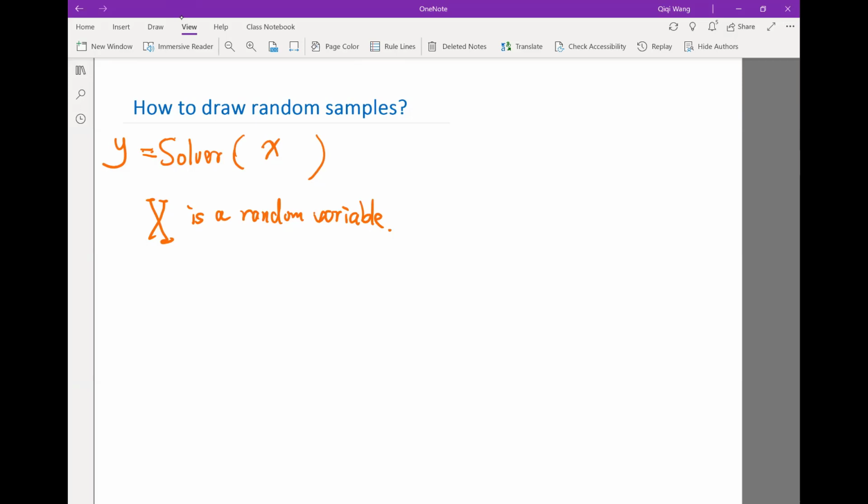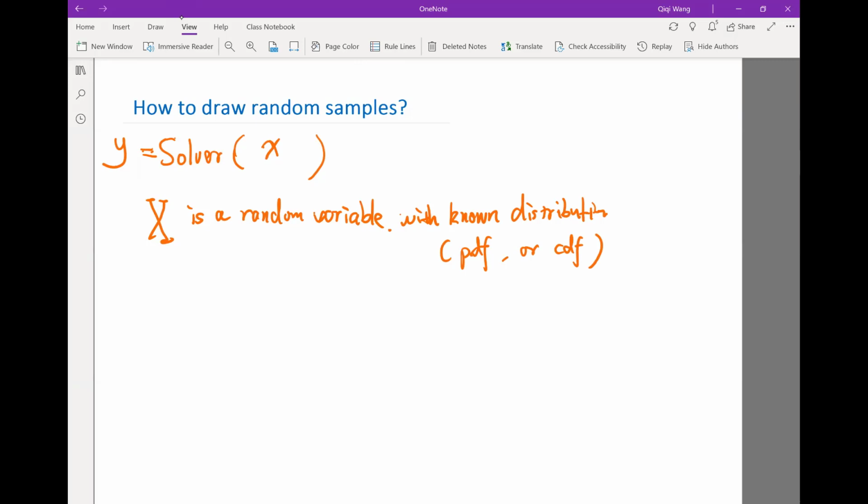That is usually not available. All that is available is the distribution. The known distribution can be either the PDF or the CDF of the random variable.